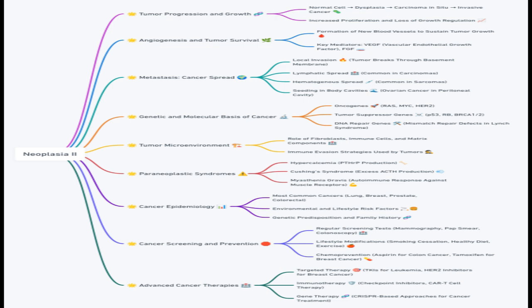There's also early lymphatic and vascular spread. The tumor tends to spread early via lymphatics and blood vessels, and this contributes to the poor prognosis of small cell lung carcinoma.